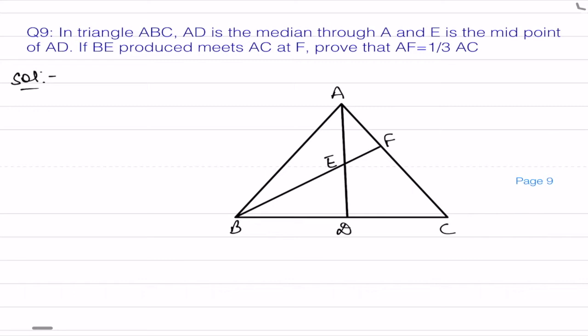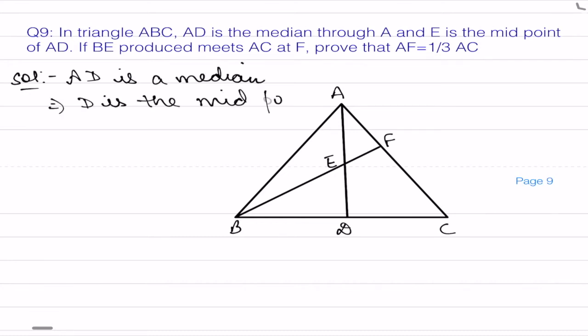Median is the line which passes through the midpoint and meets the opposite vertex. So if AD is the median, this implies D is the midpoint of BC. Second, they have given E is the midpoint of AD and they said BE produced meets AC at F, and we have to prove AF is 1/3 of AC.